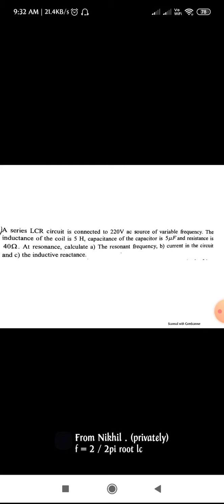Next, resistance value they have given as 40 ohm. At resonance you need to calculate the resonant frequency, the value of I, and the value of inductive reactance, that is XL.